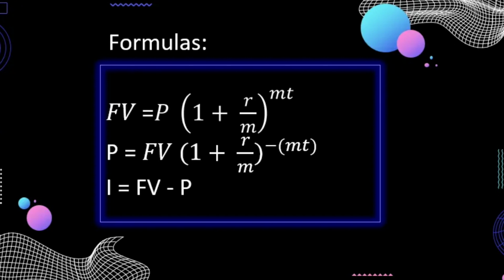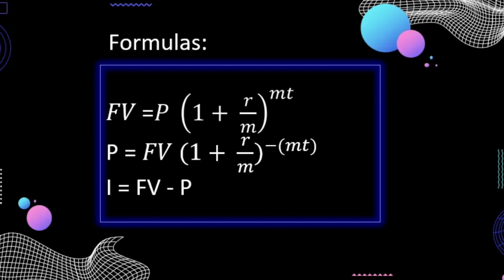And the second one, principal amount is equals to future value, open parenthesis 1 plus rate divided by number of interest periods in a year, close parenthesis, raised to negative number of interest periods in a year multiplied by term of loan. And for the last one, we have interest is equals to future value minus principal amount.